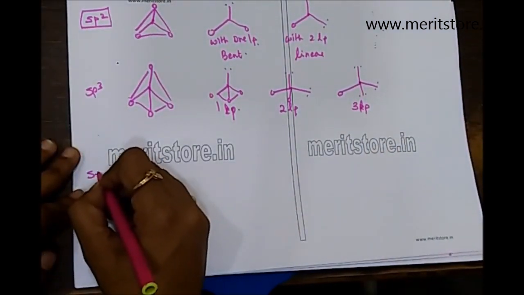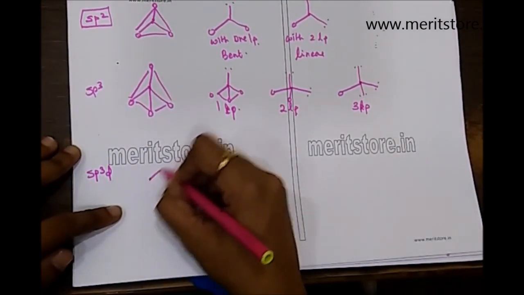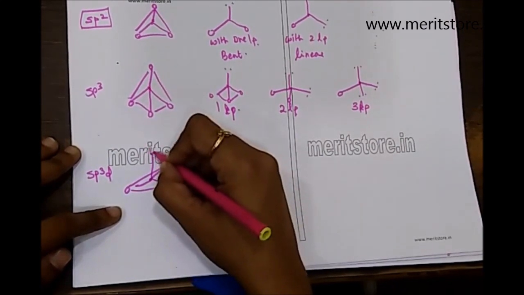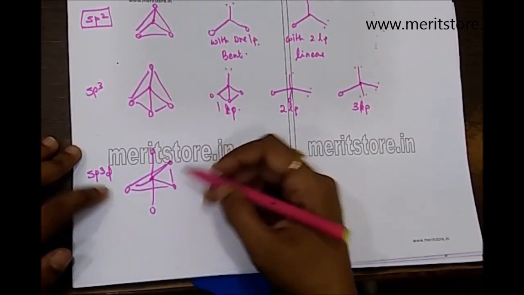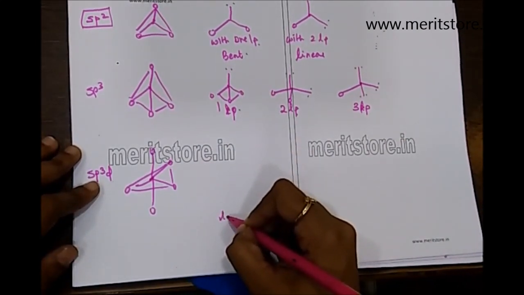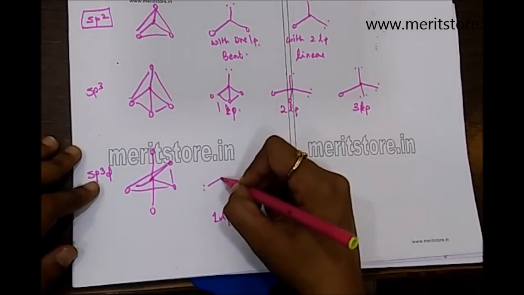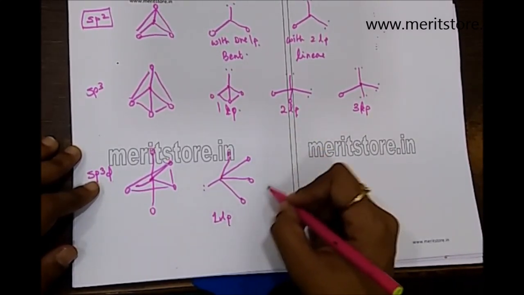When we have sp3d hybridization, we expect the geometry to be trigonal planar with one atom above and one atom below, so this is the trigonal bipyramidal shape. When you have one lone pair present, the geometry will be distorted to seesaw shape.